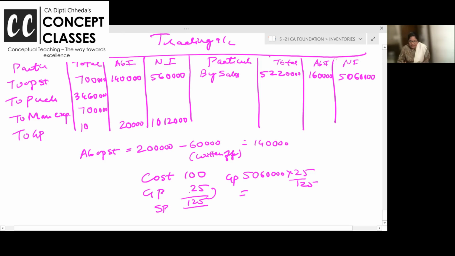What is your normal GP? 10 lakhs 32,000. This is 10 lakh 12,000. This is 10 lakh 32,000. I hope you all are getting.